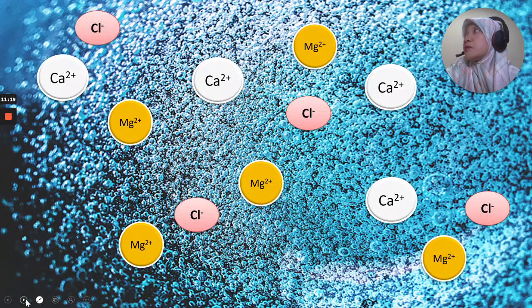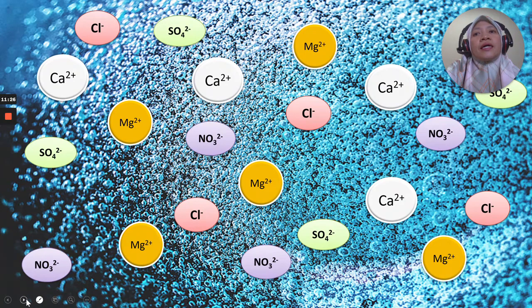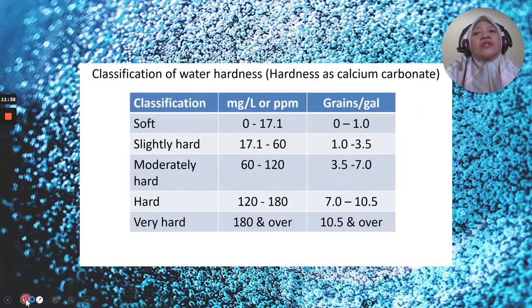Sometimes inside the water there is chloride, sulfate, and nitrate, but this is known as permanent hardness, where a water softener is required to remove the hardness. However, hardness values are usually quoted as calcium carbonate, because calcium carbonate is the most common cause of scaling.